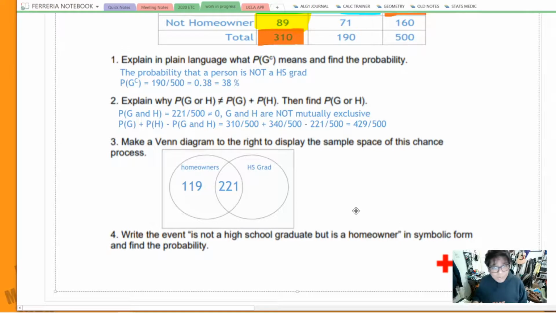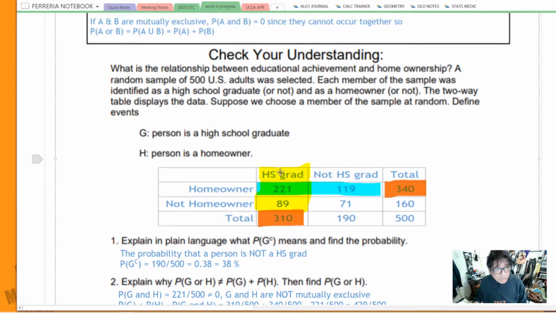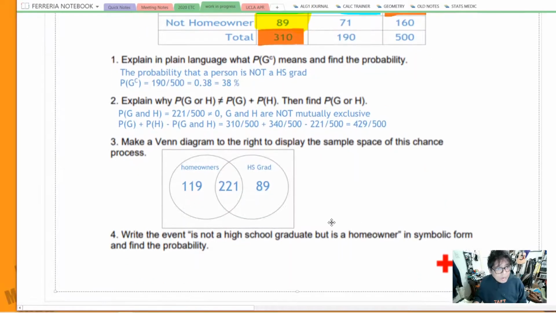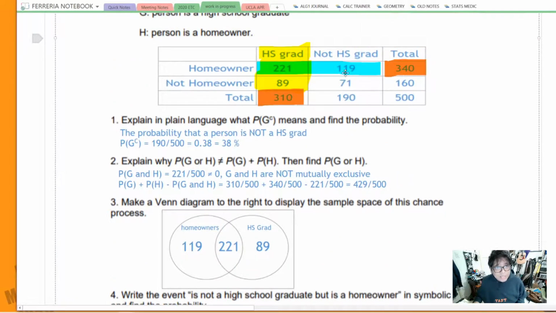Now on the other side of that, on this half moon on the right, they are high school graduates, but they're not homeowners. That's going to be 89. Now outside the circles, they are neither homeowners nor high school graduates, and that is 71.